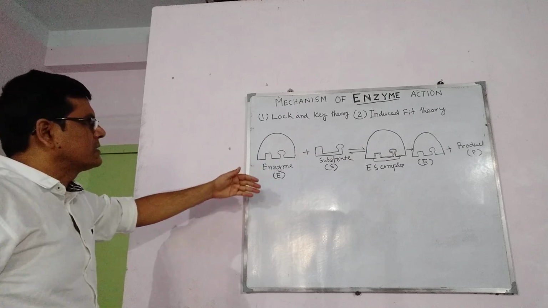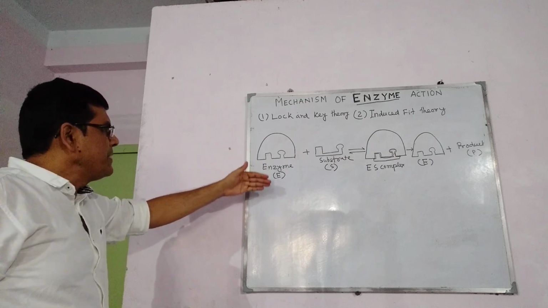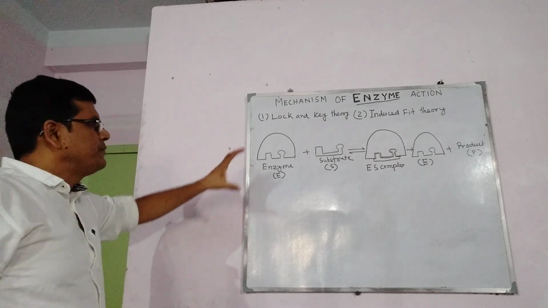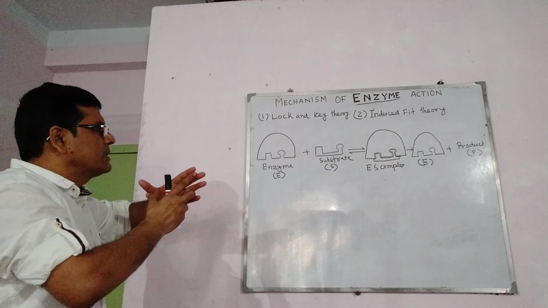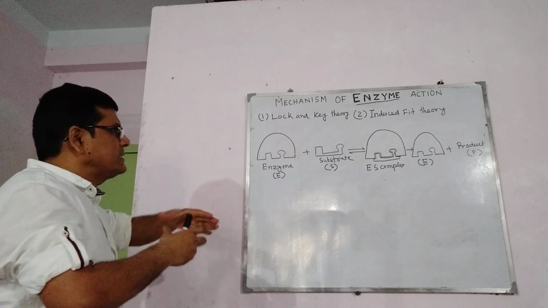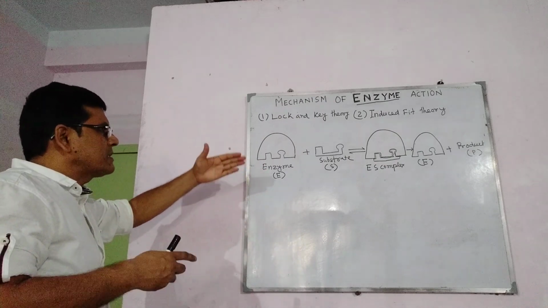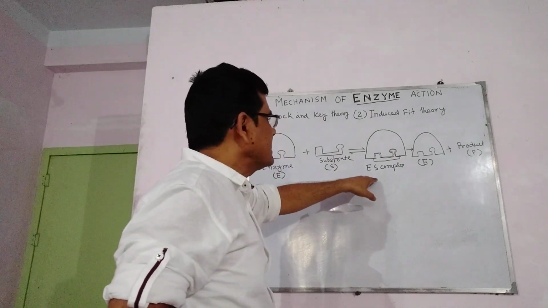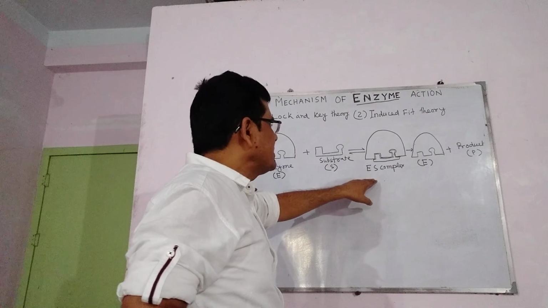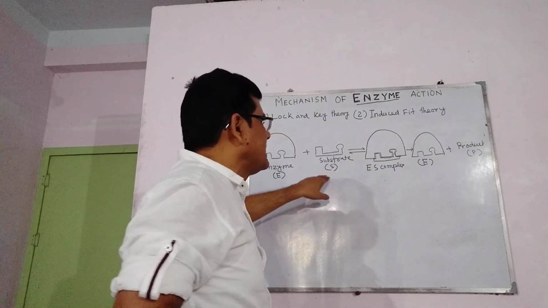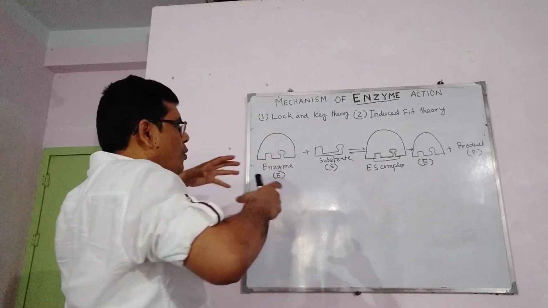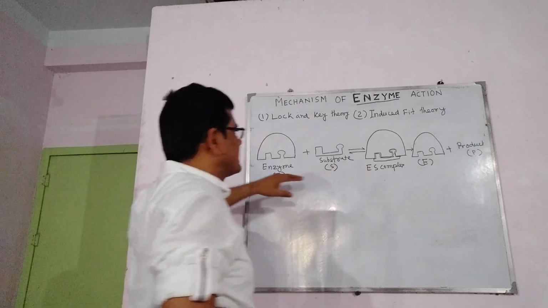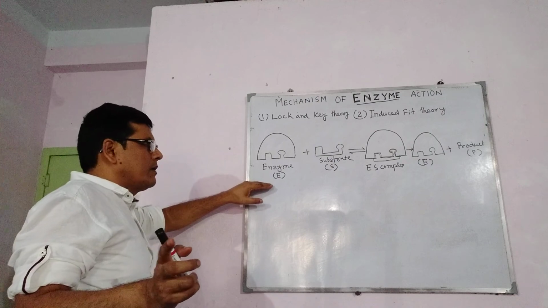This theory was proposed by Emil Fischer in 1890. He visualized the interaction between substrate and enzyme as lock and key, just as only a particular key will fit into a particular lock.